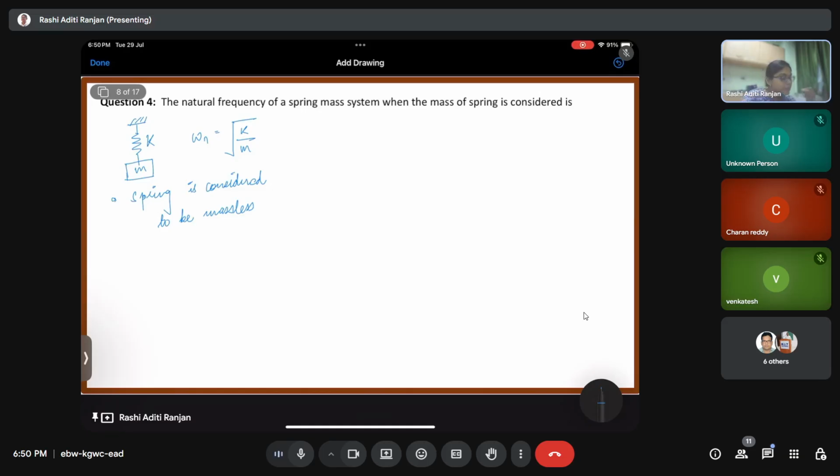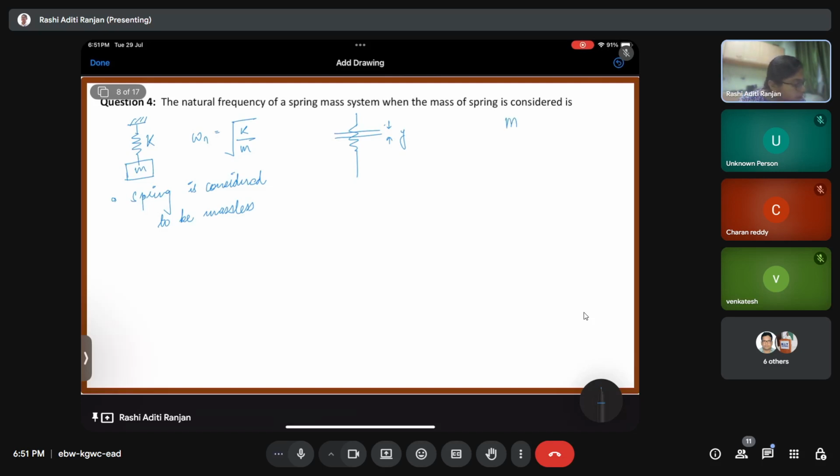So in that case, if I consider the velocity at any point, I cut the spring into a small strip which has a thickness of y. For this thickness, I'll have a mass which is what?